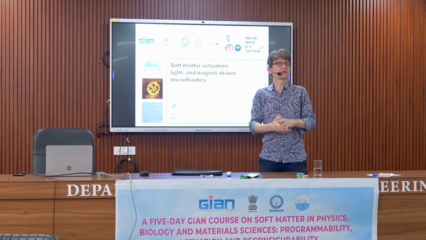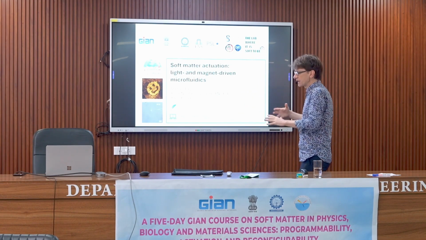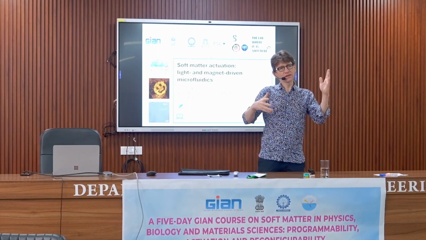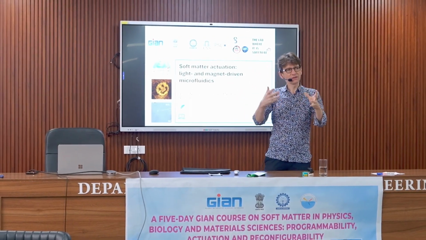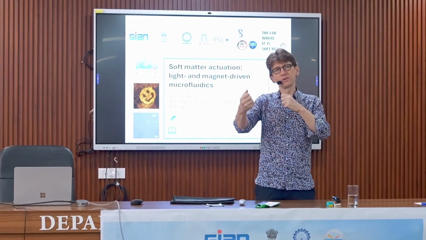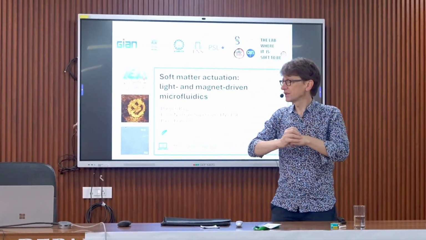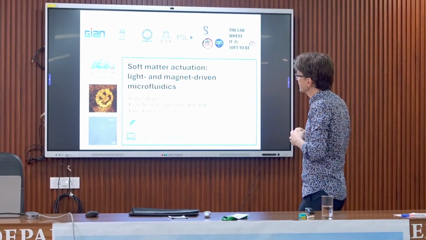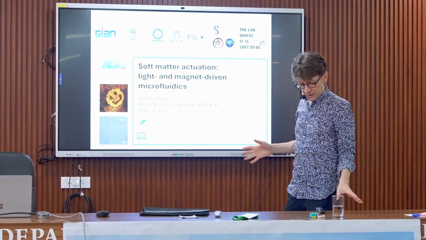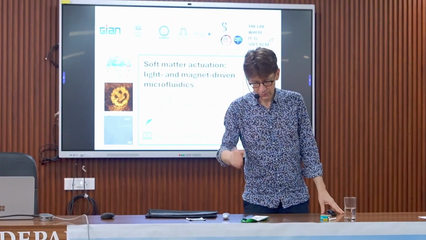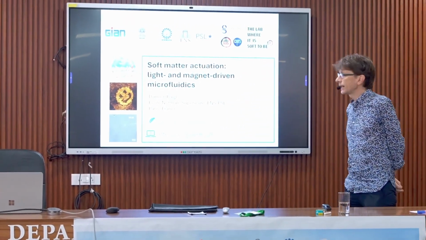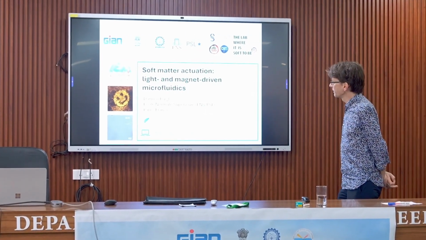And what is nice with soft matter is that it is organized around kT, it's organized, but it's easy to be disorganized, and then you can communicate with soft matter. You can do actuation, you can do something, and you have a response. So today I will mention mainly two types of actuation, light and magnets.